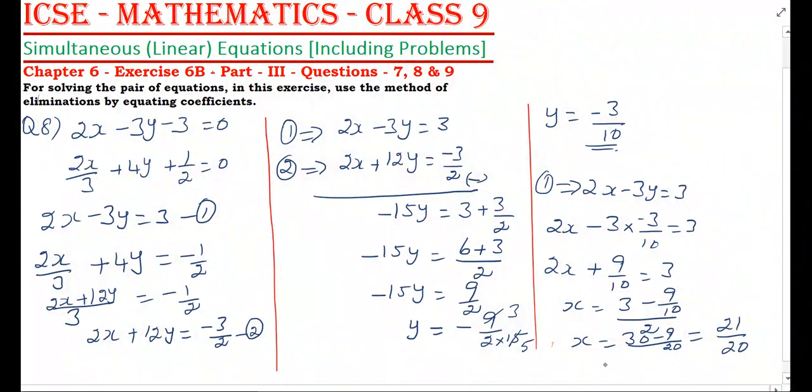This is x. Already we got y equal to minus 3 by 10. So the answer is x equal to 21 by 20 and y equal to minus 3 by 10.